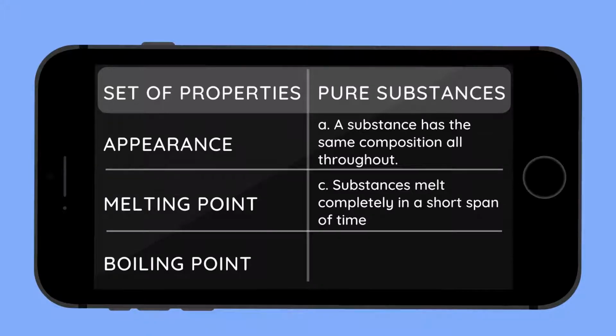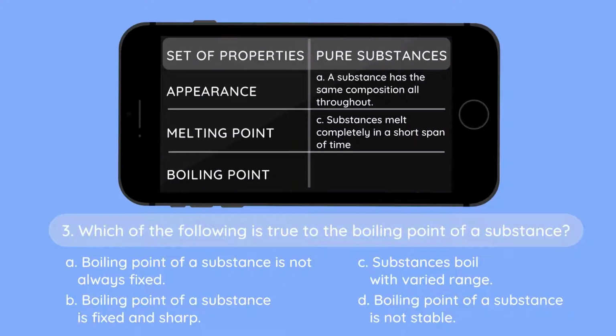Correct! Which of the following is true to the boiling point of a substance? A. Boiling point of a substance is not always fixed. B. Boiling point of a substance is fixed and sharp. C. Substances boil with varied range. Or D. Boiling point of a substance is not stable.